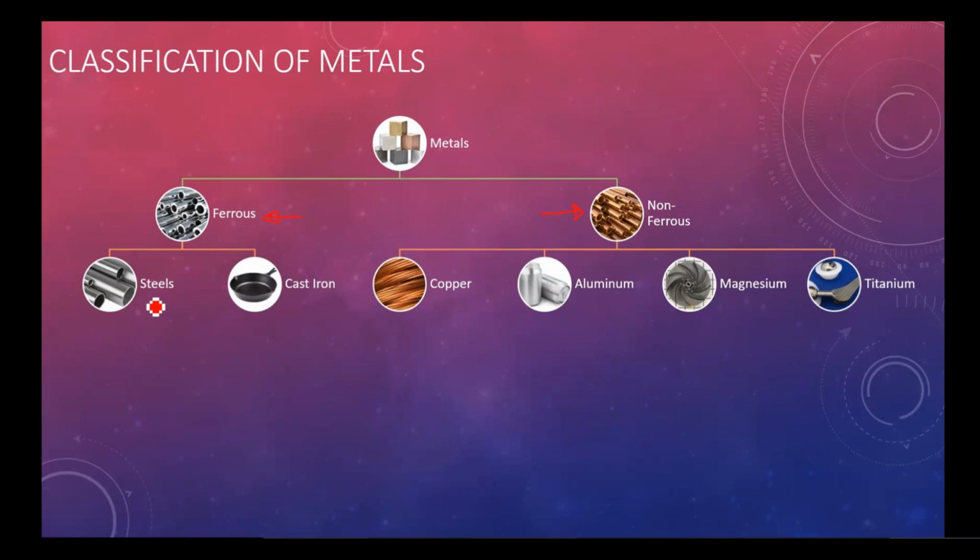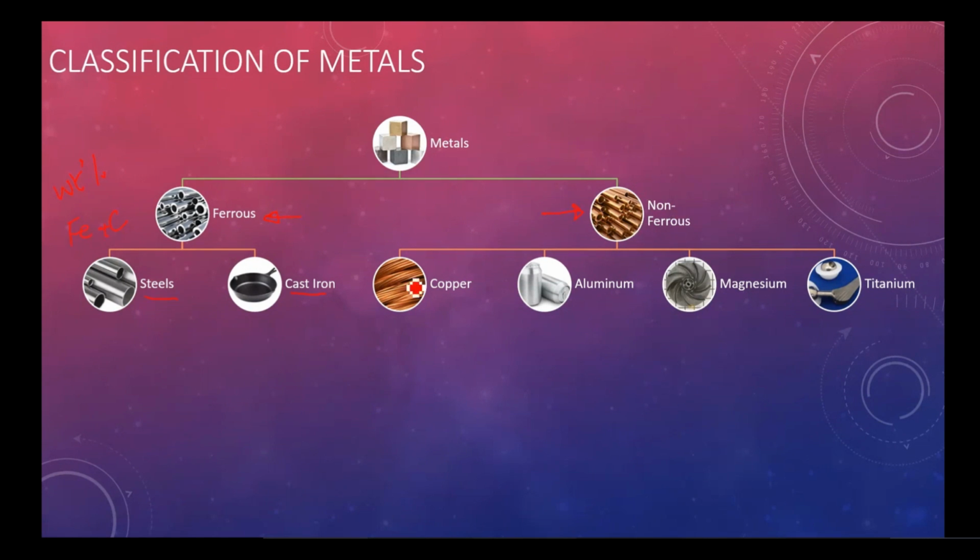In the ferrous category, you have steels and cast iron. Steels are basically alloys that have primarily a major portion of iron plus a certain amount of carbon in it, and we represent the composition in weight percent. That means out of 100, how much is iron and how much is carbon. This is how we represent steel.